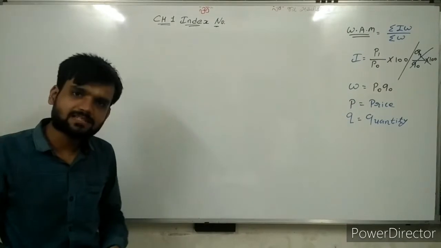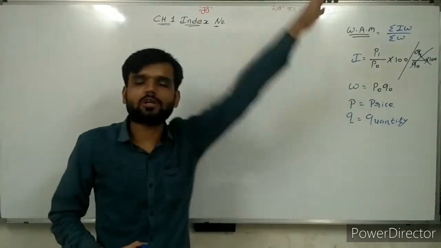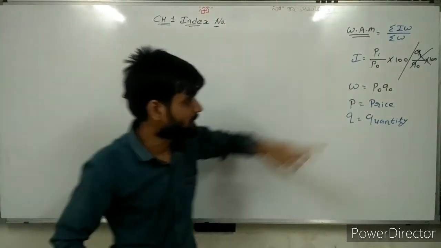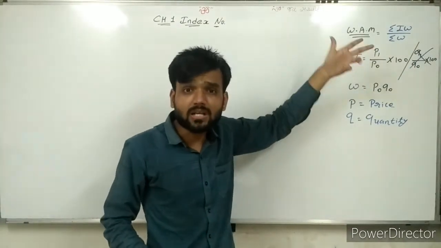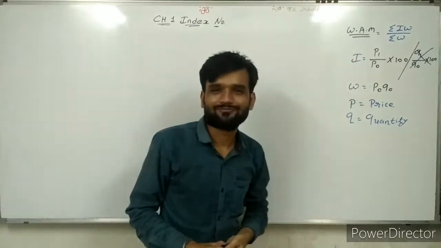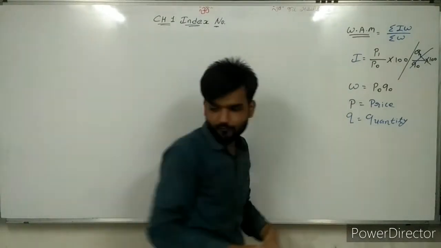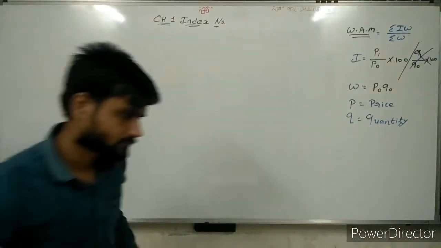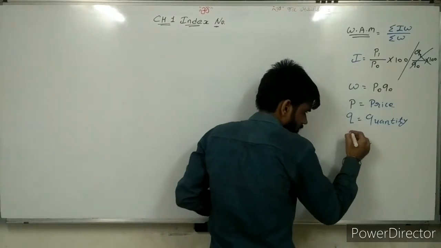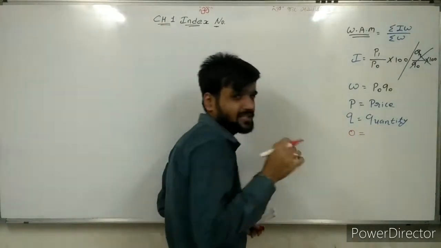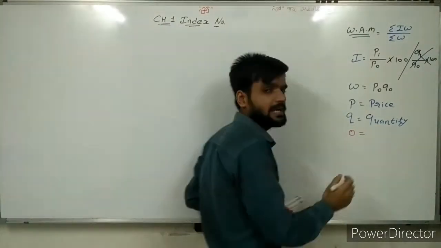So P means price, Q means quantity. Now P0, P1. So the most important thing, if we are writing 0, then 0 means base year.